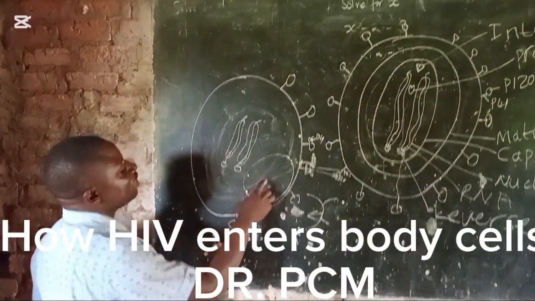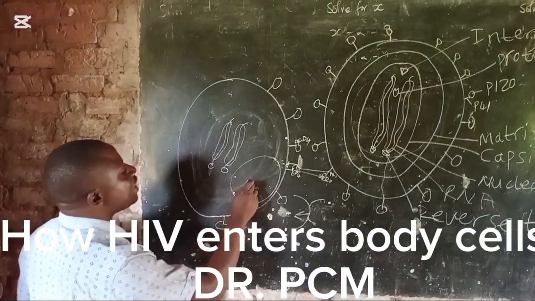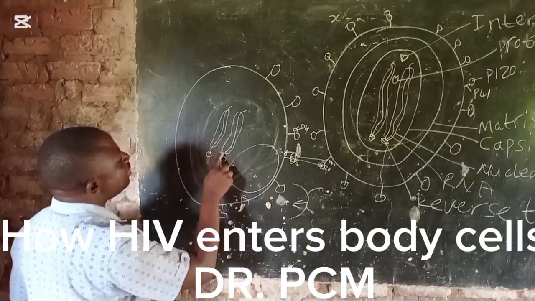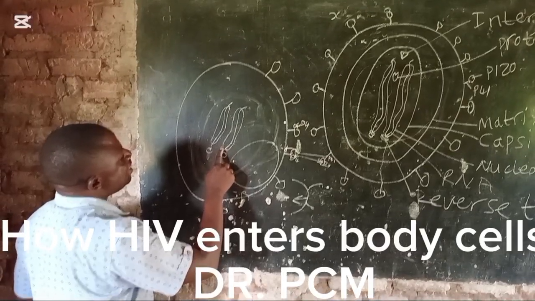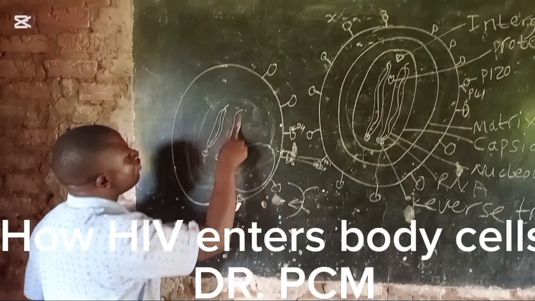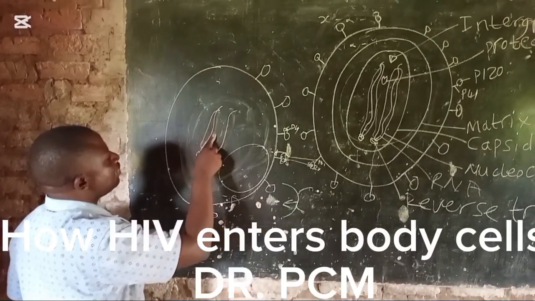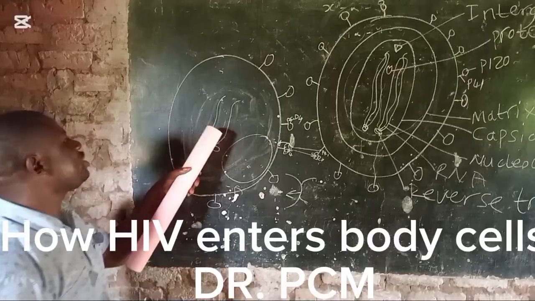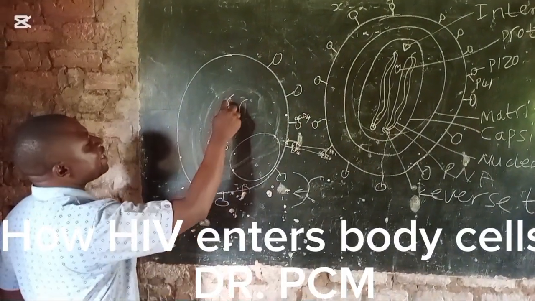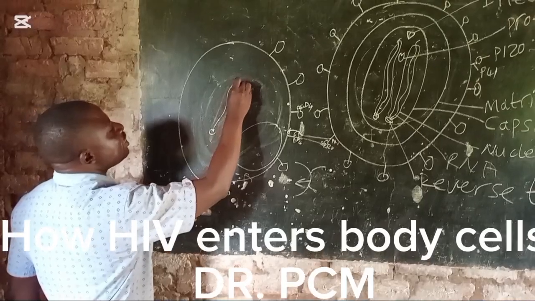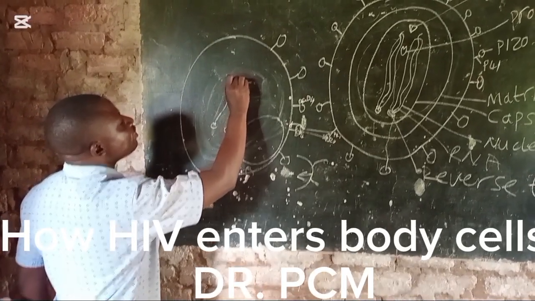At first, it is the matrix core which goes away. Next is the capsid to go away. Now here in the cytoplasm, we also have a nucleus aside. So the nucleocapsid covering the RNA has also gone away.